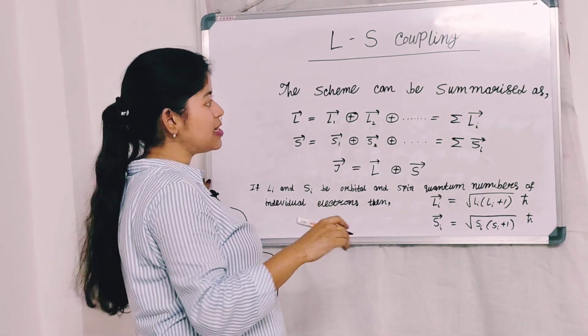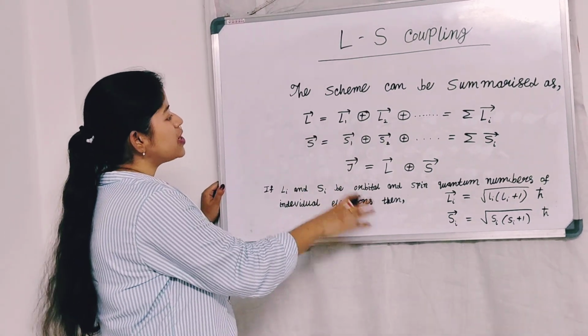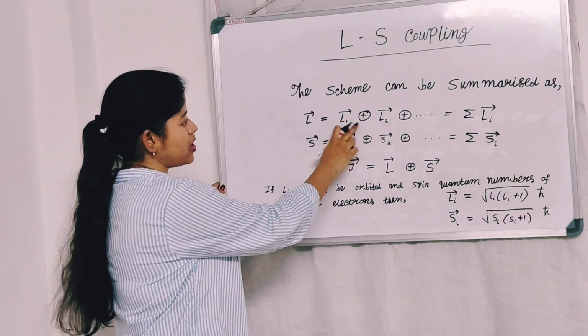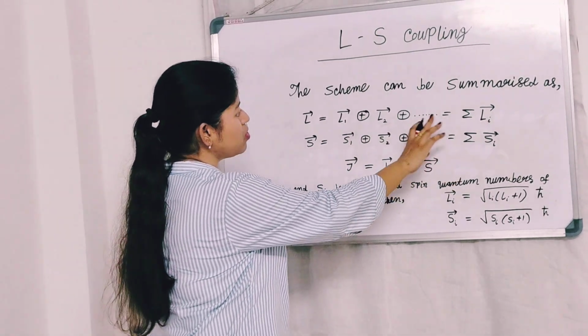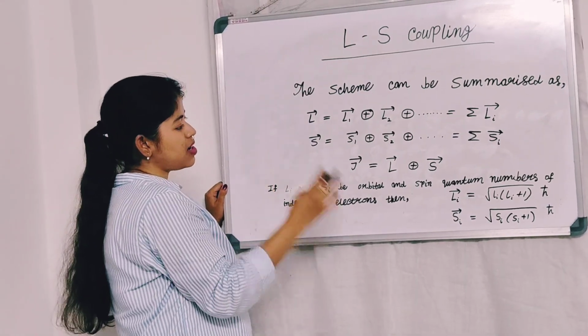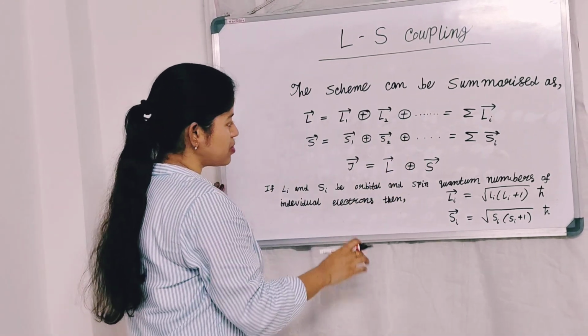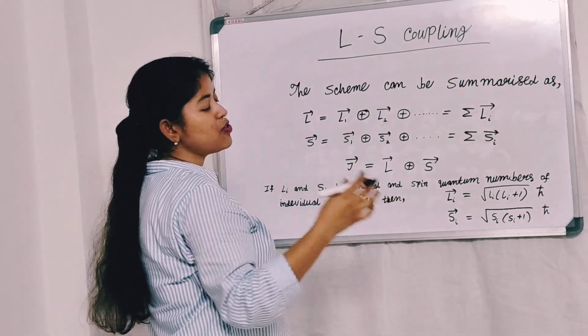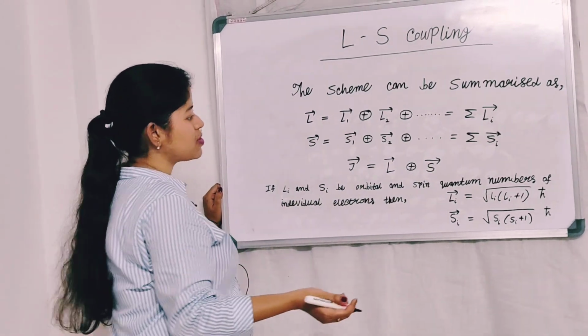Now we can summarize this scheme in this way, where L is the sum of individual Li, that is L = L1 + L2 + L3, all those individual values of L, and S is the sum of individual Si values, that is S = S1 + S2 + S3.